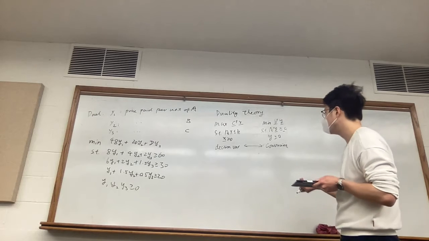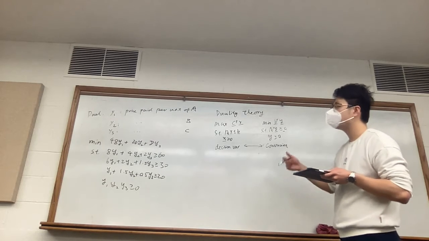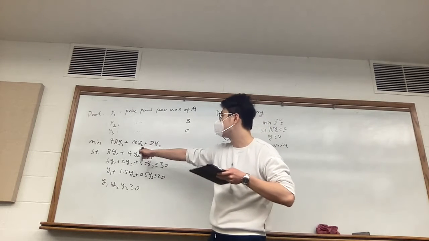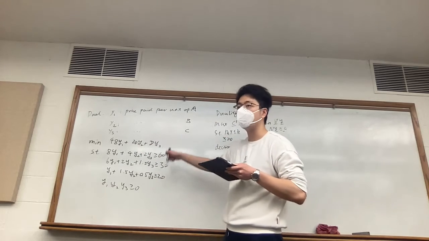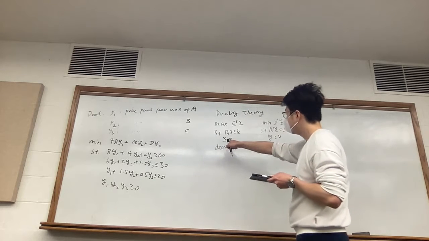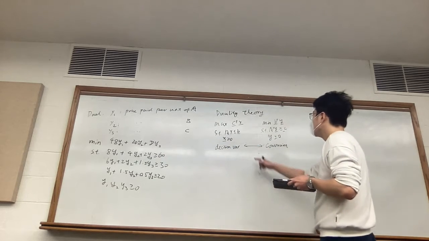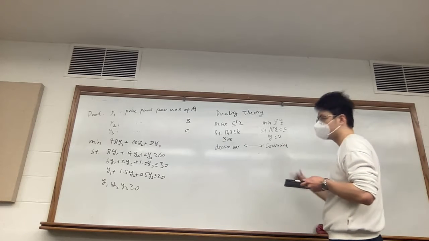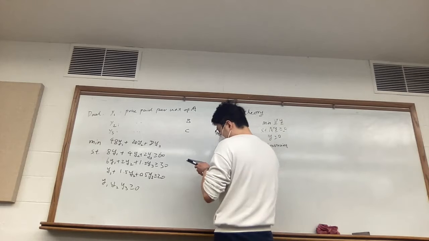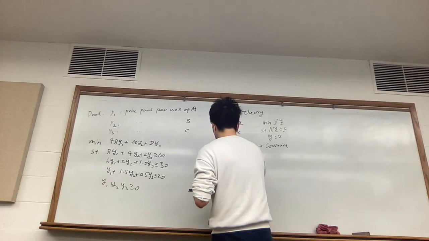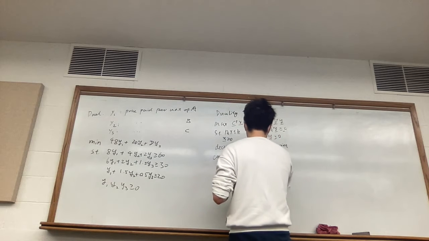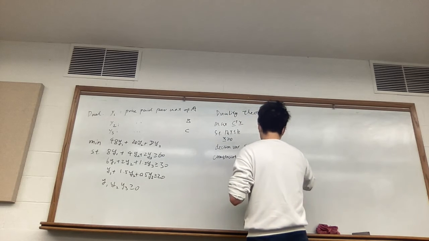And then in the dual problem, it becomes a constraint. Remember that I told you that you will sell to me as long as my payment for this product is greater than or equal to the price that you want. So in the primal problem, a decision variable changes to a constraint when you switch to the dual problem. And correspondingly, a constraint in the primal problem corresponds to a decision variable.